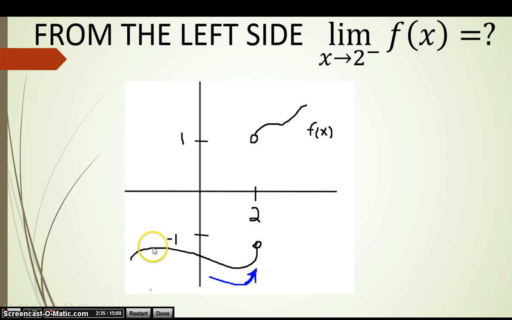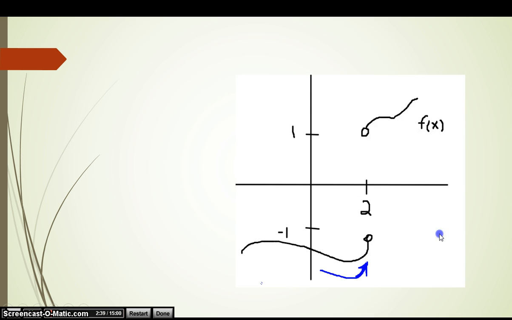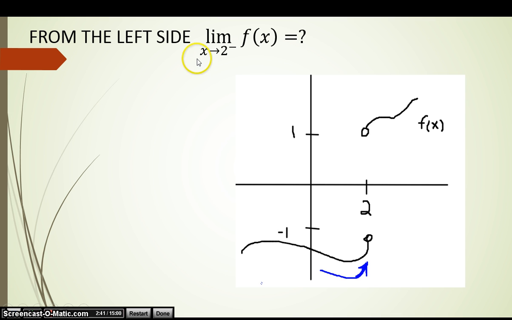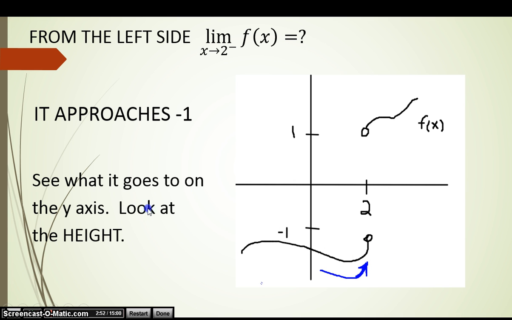So as x approaches 2 from the left, where is the height at? Where is our answer at? Looks to me like it's approaching -1. We see what it goes to on the y-axis. Look at the height. From the left, it looks like it's approaching -1.